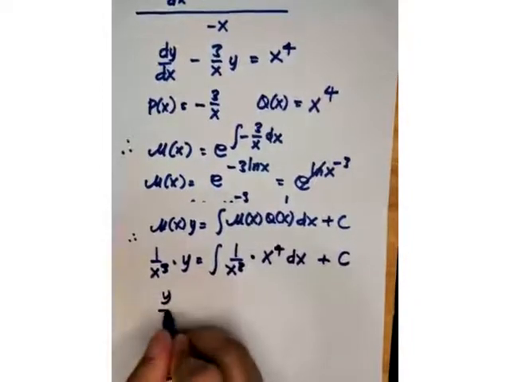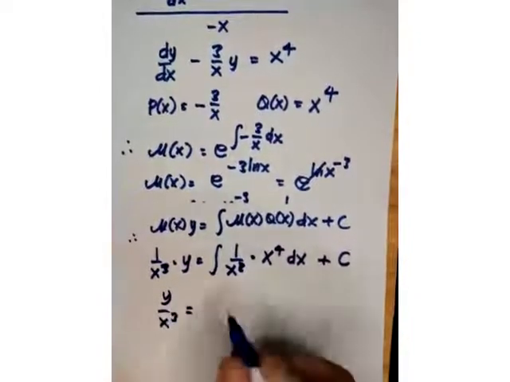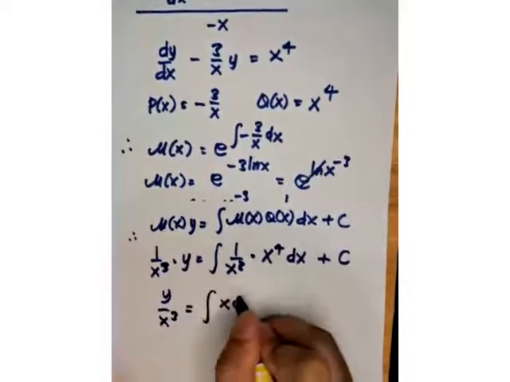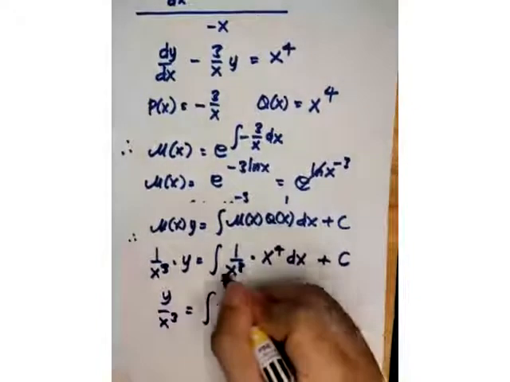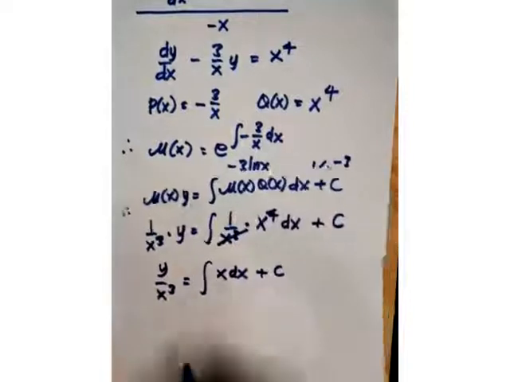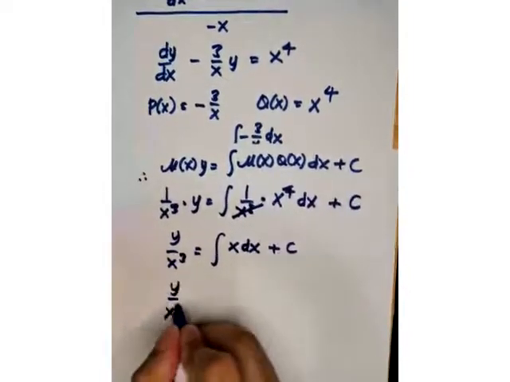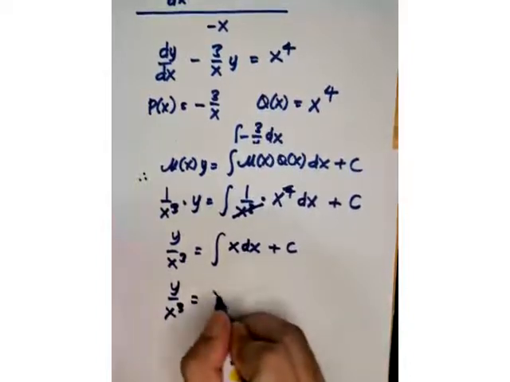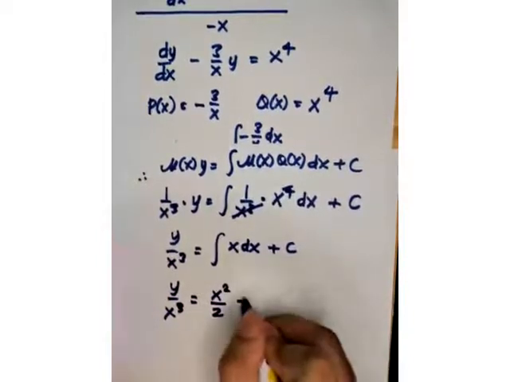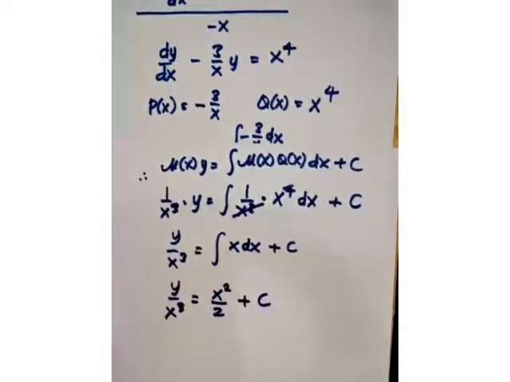And then simplify natin. Okay. So that's the integral of x dx plus c. Kasi cancel yon. Ayan. And then you just perform the integral. So y over x cubed is equal to x squared over 2 plus c. Ayan. Okay. And then lipat na lang natin sa kabila.